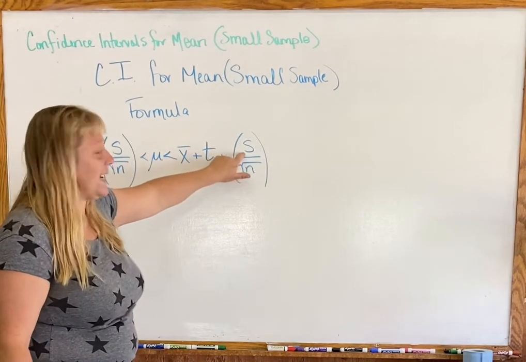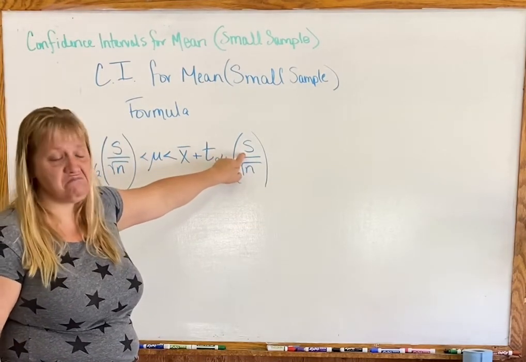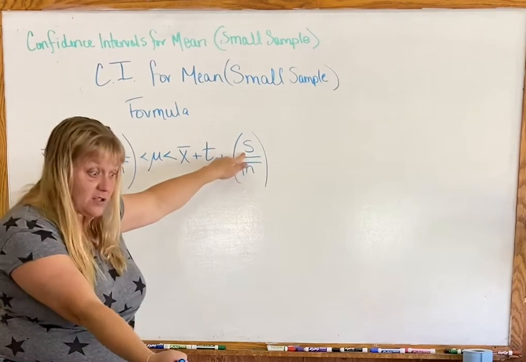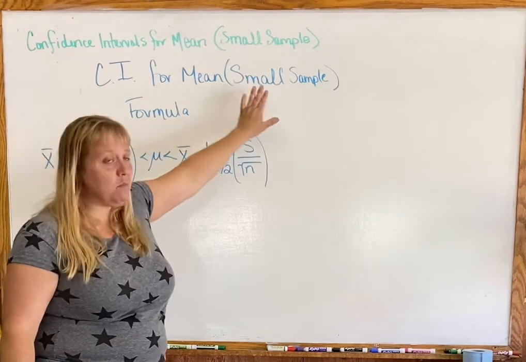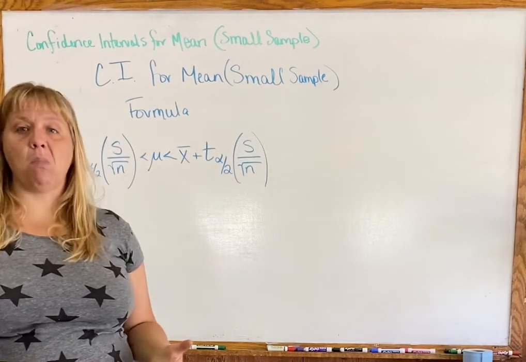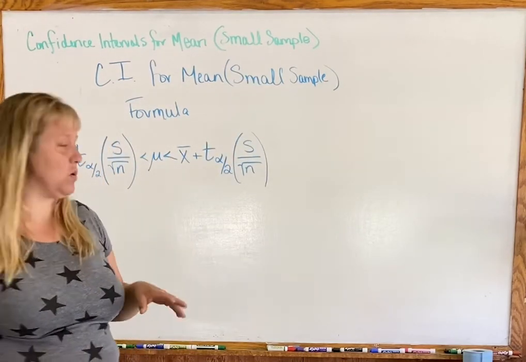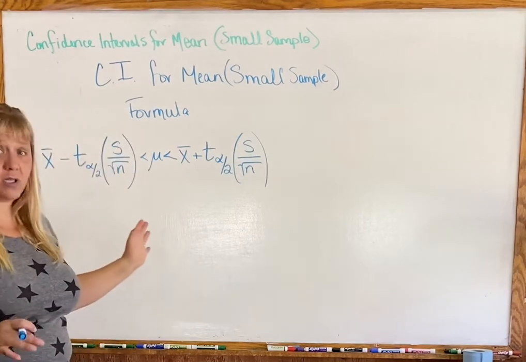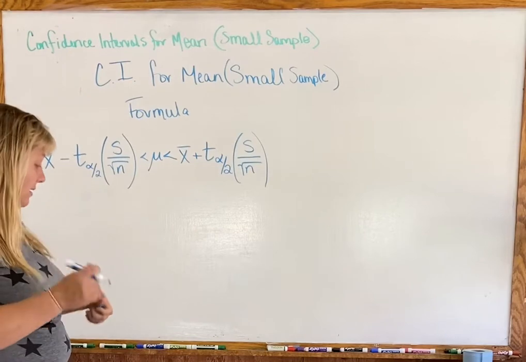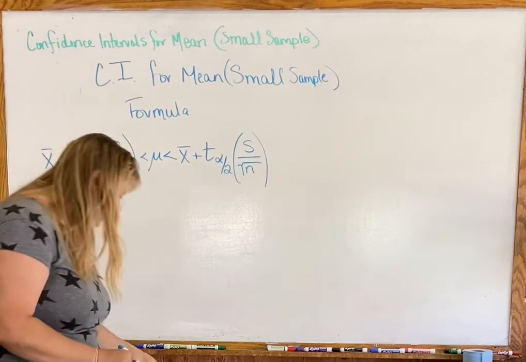So don't worry that that's S as opposed to sigma. Just whatever standard deviation they give you, stick it there, okay? What's important to us is that we're dealing with a small sample here. Okay. All right, so there's the formula. We actually know how to use these formulas, so we're ready to see our next example here.